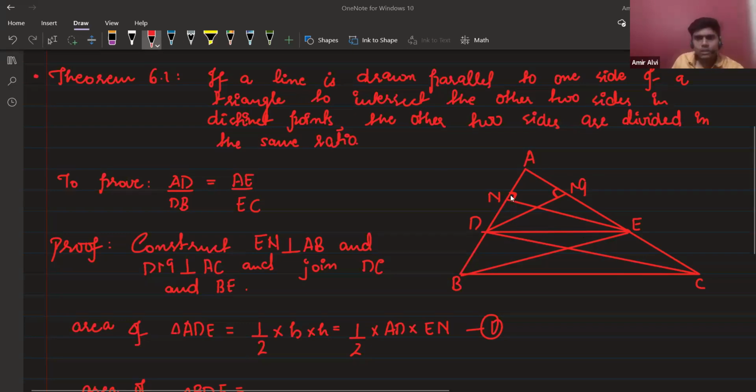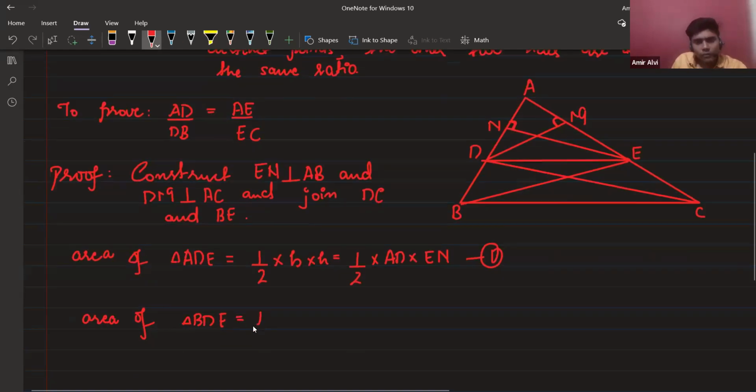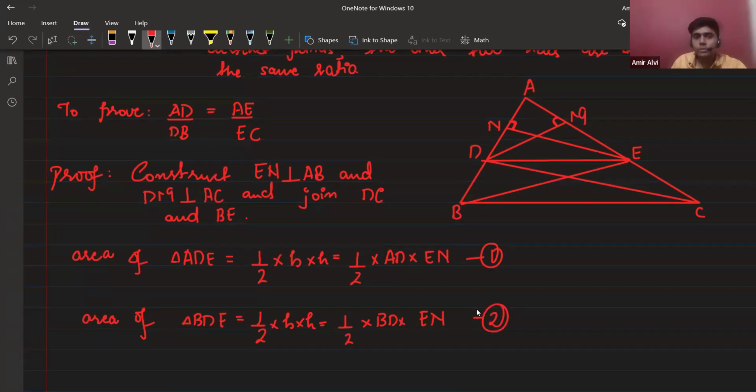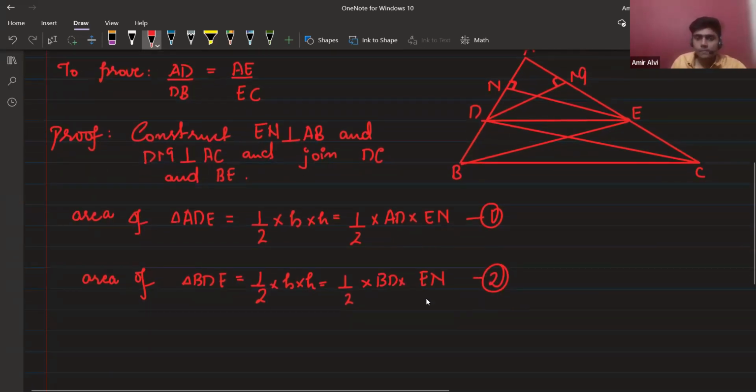So it's half base into height. Base of triangle BDE is BD and EN will be the height. So this is equation number 2. Okay, Adil?